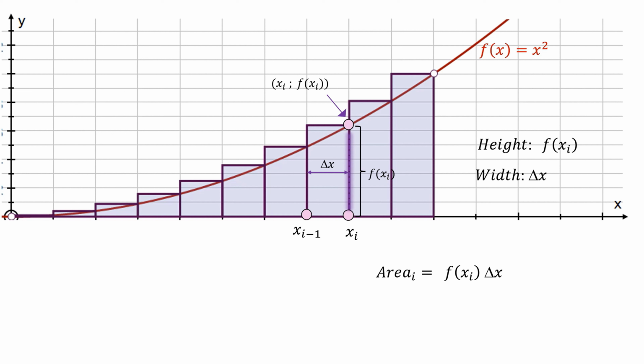So we will be summing all of these areas from 1 to n, the number of rectangles that we have, and then we're going to take the limit of that as n tends to infinity, and that will give us precisely the exact area underneath the curve between those points. And that is the concept that is integration.